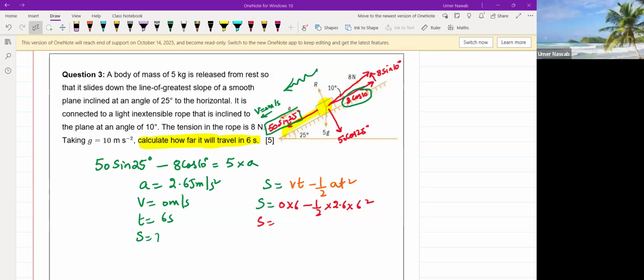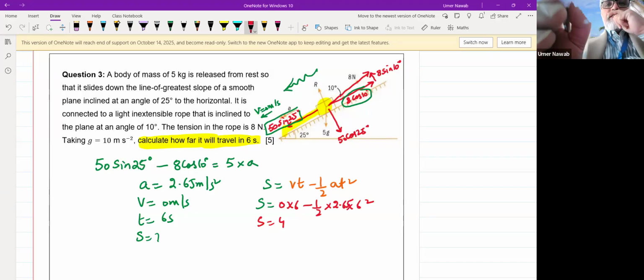It is half times 2.6 or 2.65. What is the value given to us? 2.65. Sorry, guys. That's why the value was not correct, because the value of acceleration is 2.65. Then it is all fine. 47.7 meters approximately to three significant figures we will get.